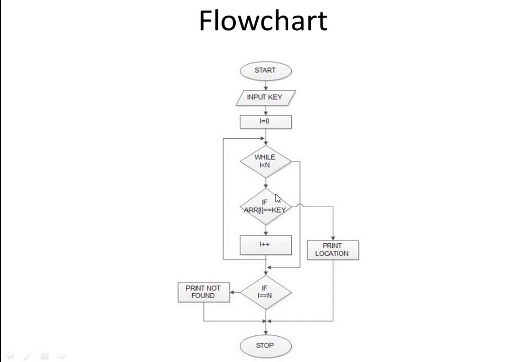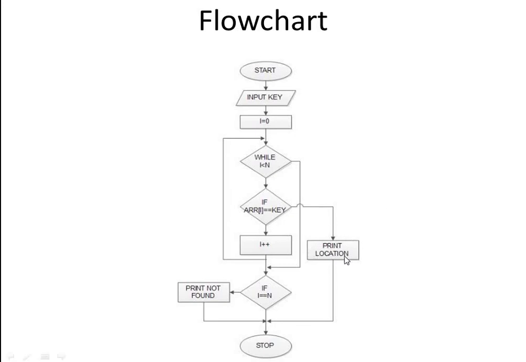It will check if they are equal, and if equal it will print the location. If it is not equal, again the I value will be incremented, and this continues until the element is found.